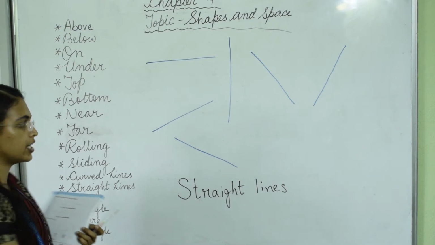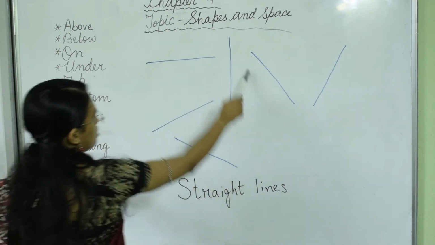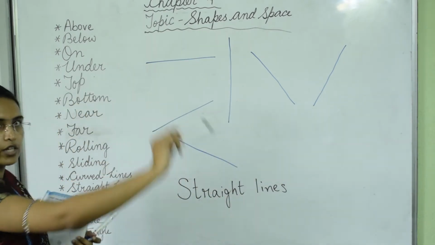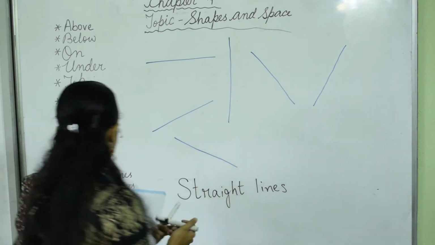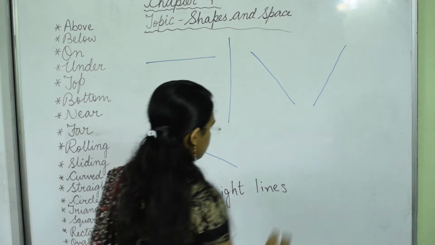These all are straight lines. This is also a straight line, this is also a straight line, straight line, straight line. These all are straight lines. There are various types of straight lines. Okay, so these are all straight lines, and now I will show you what curve lines are.